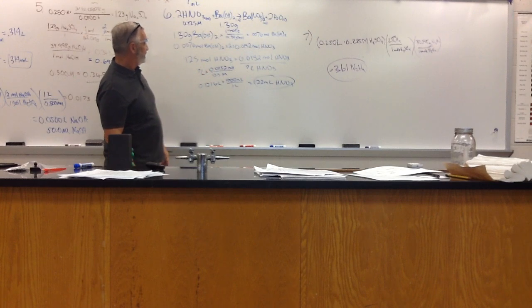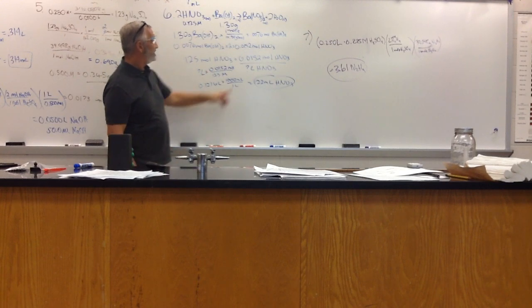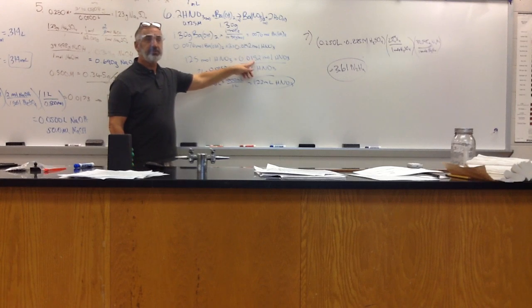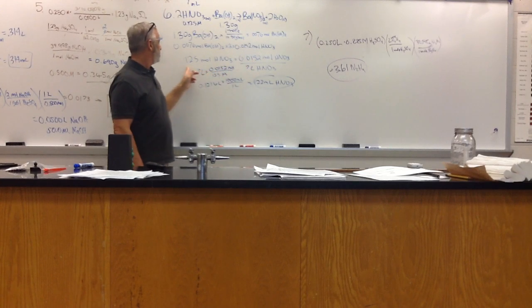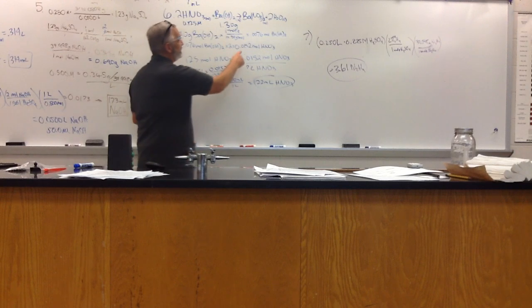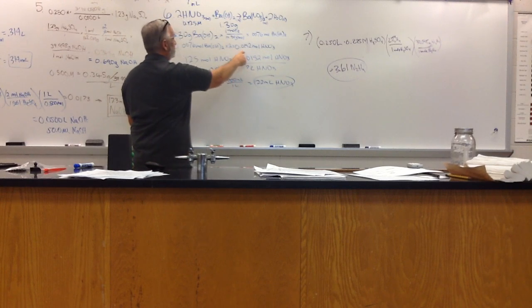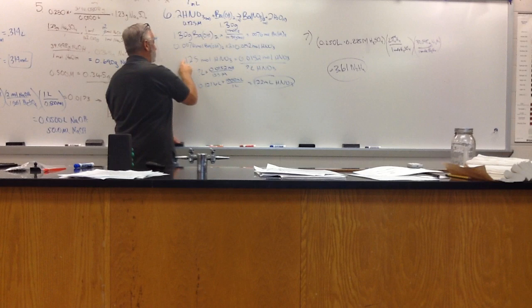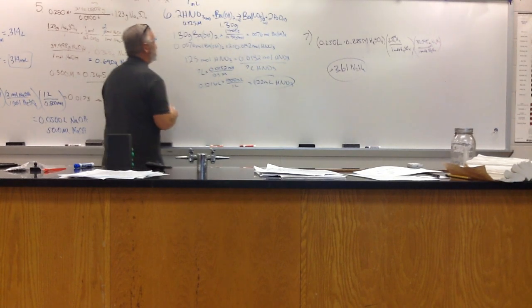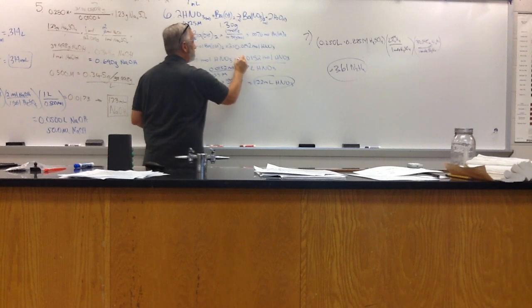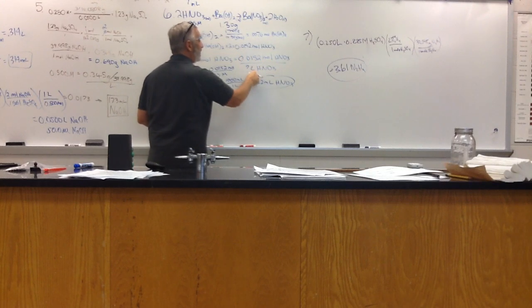0.125, where do we do here? Is this just transposed by accident? Is this supposed to be 0.125 right here? Oh, it's this right here. Okay, so this is the molarity. 0.125 is equal to this many moles over however many liters.